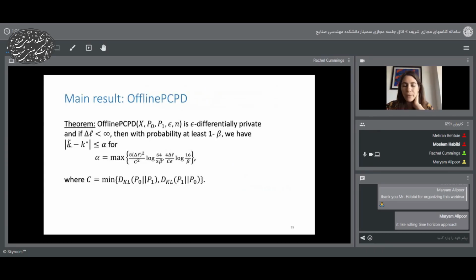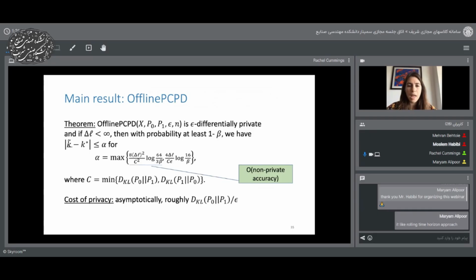Oh, sorry, I forgot. We have an accuracy theorem. So this is private, and we have alpha-beta accuracy for this alpha. We can interpret this: the first expression is a non-private accuracy, and this is what comes out of just a QSUM itself. And this term, if you look at it, is actually about the same asymptotically.